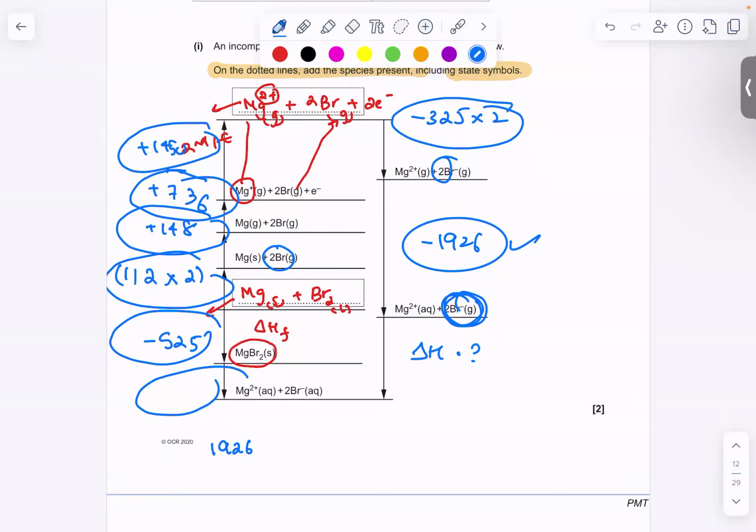So that is plus 2558, and then this would be 325 times 2, that is minus 650, and this would be minus 1926, and that is the calculation.